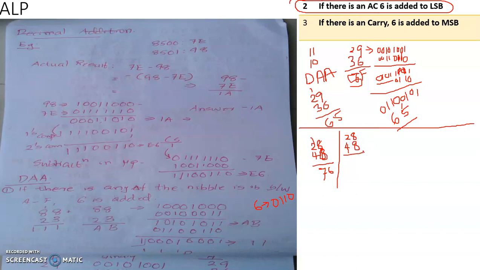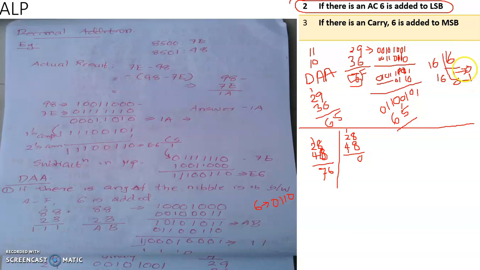8 plus 8, 16. 16 is to be converted into hexadecimal, that is 0 with a carry 1. For 16, you have to divide 16 by the radix of the number system, 16, which is 1 time with a remainder 0. Again you divide 1 by 16. This is 0 times with a remainder 1.